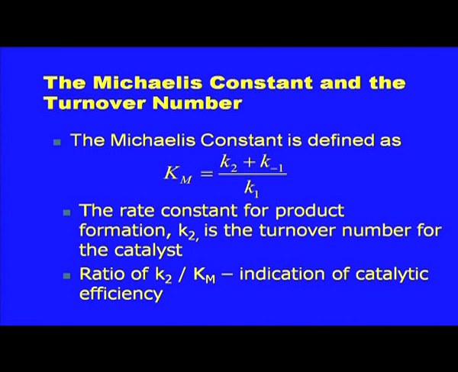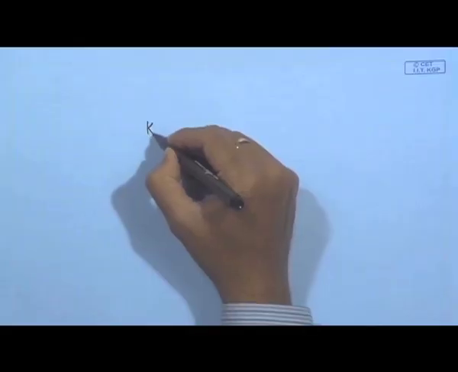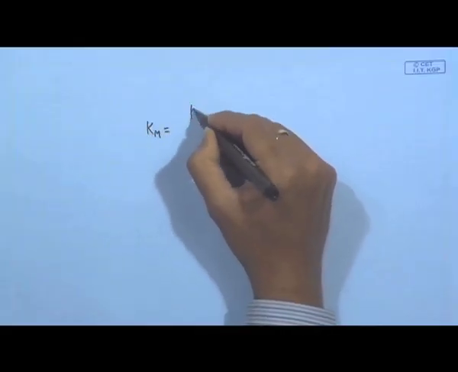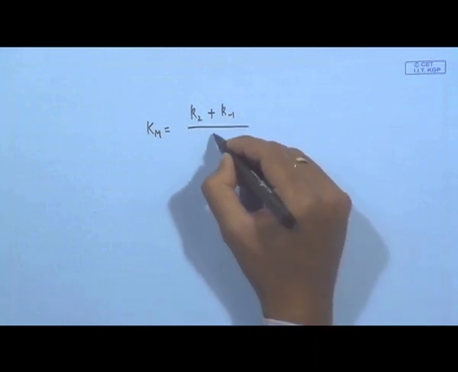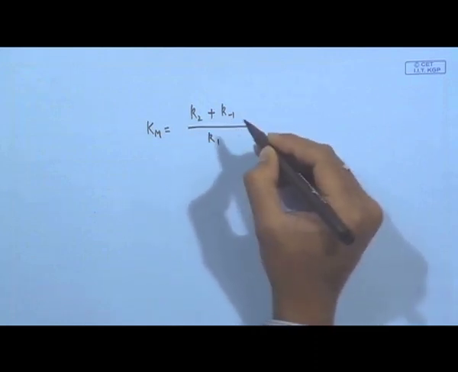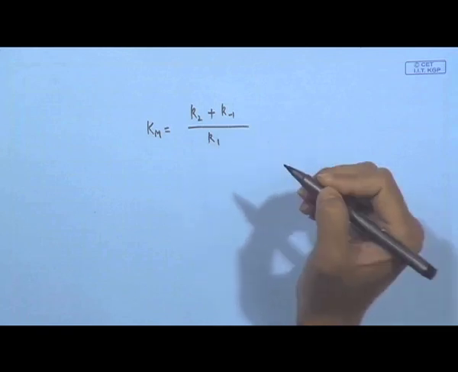So, the Michaelis constant, what is this Michaelis constant? Michaelis constant is defined as, let us see, Km is equal to K2 plus K minus 1 by K1. Okay.